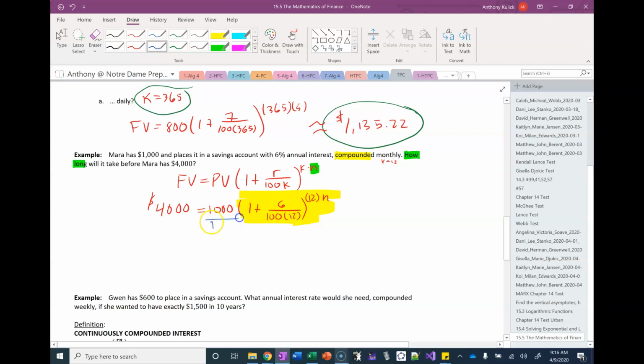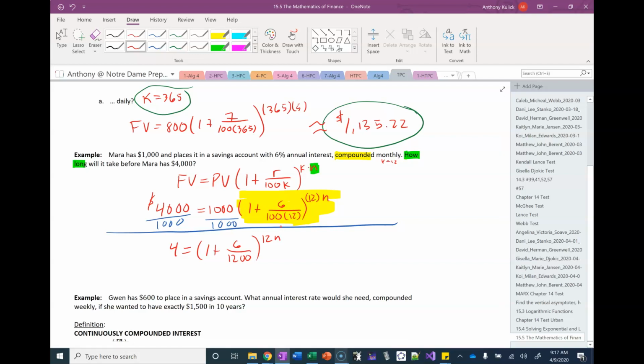So to get rid of that, we'll divide both sides by 1,000 because the 1,000 is being multiplied to that exponential piece. So 4 is equal to 1 plus 1 over, and I'm going to just multiply the 12 and 100 together. So 1 plus 6 over 1,200.